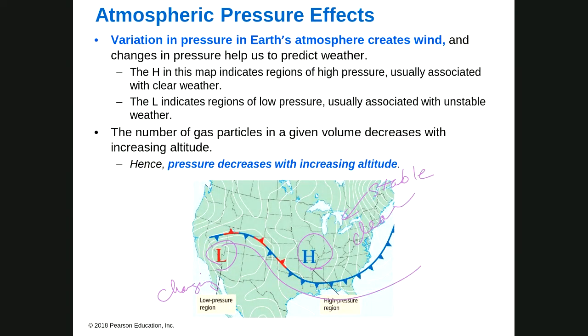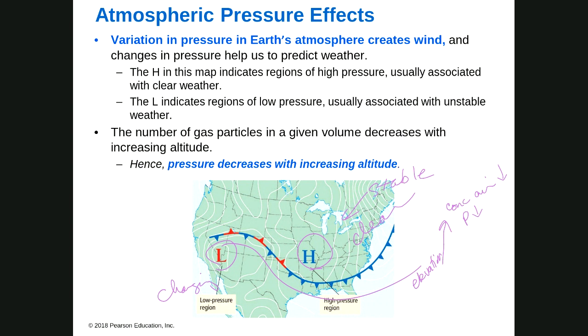Also, as you increase in elevation, as in climb a mountain or whatever, as you get higher and higher, the concentration of the air gets lower and lower. And because of that, the pressure decreases as well.